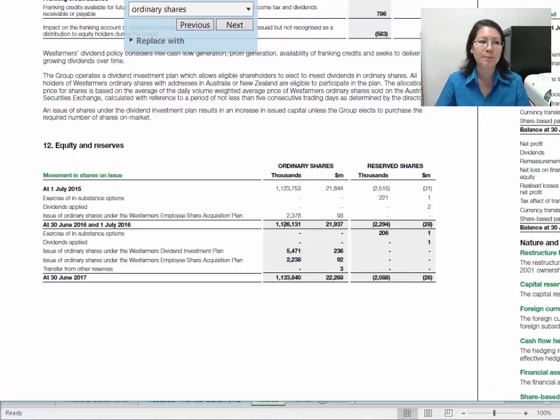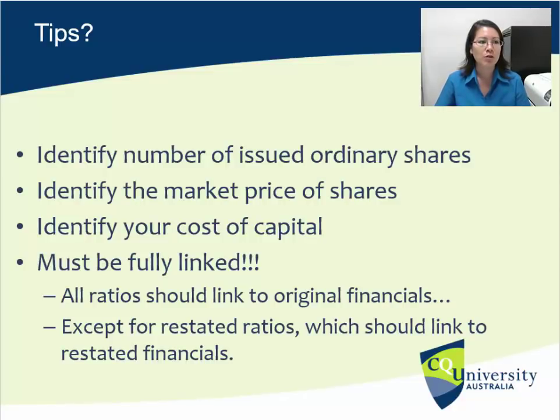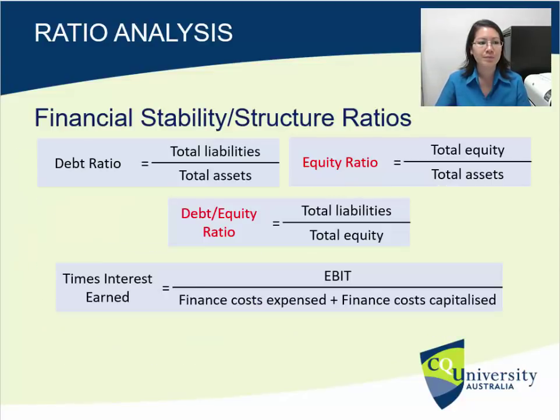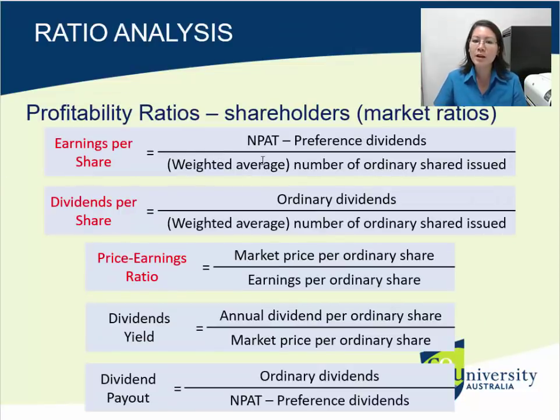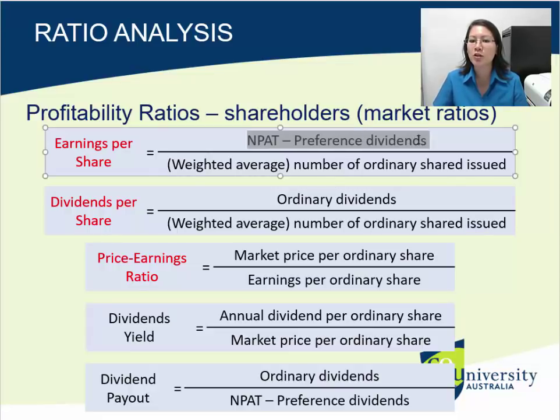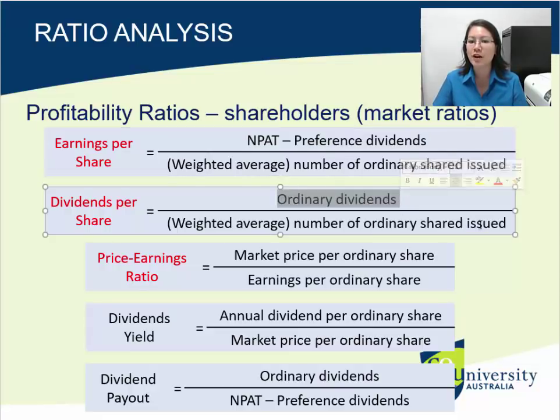Remember on our, I'll just go and have a look. Bear with me for a minute till I find the correct slide. Here we go. So our weighted average number of ordinary shares issued. Notice that we're comparing a dollar figure, this one here, with a number, which is not a dollar figure.